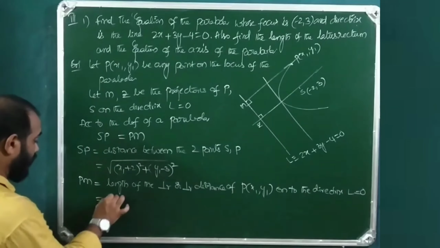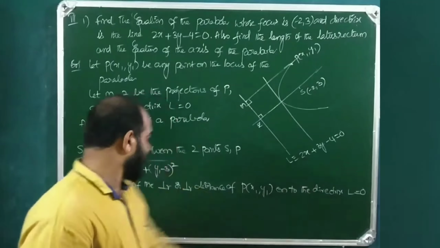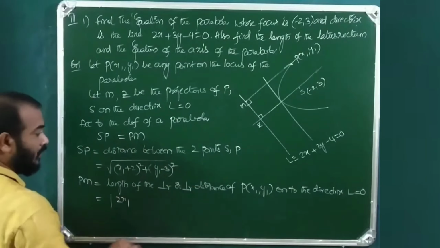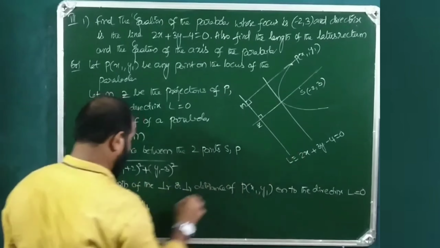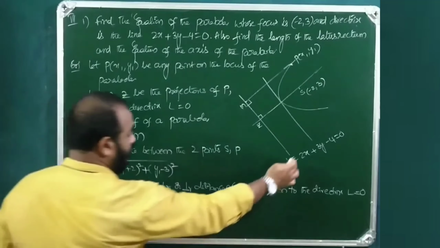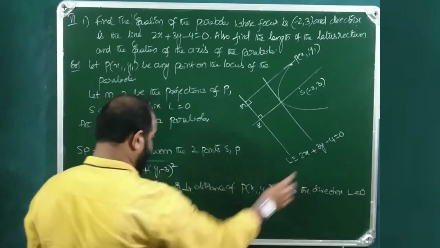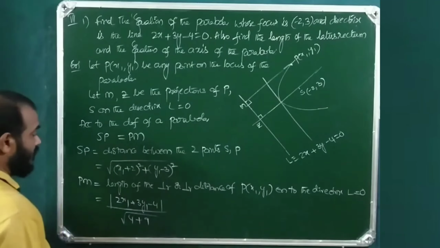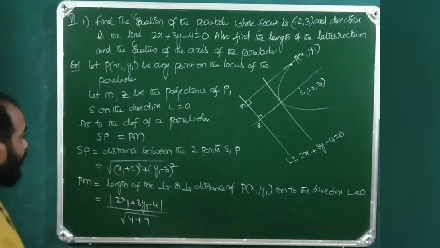So the perpendicular distance from P to this line is (2x1 + 3y1 - 4) divided by the square root of (2 square, 4, plus 3 square, 9). So SP = PM.